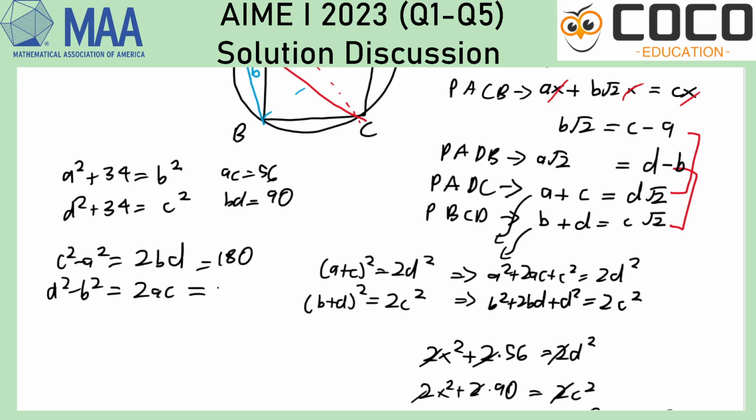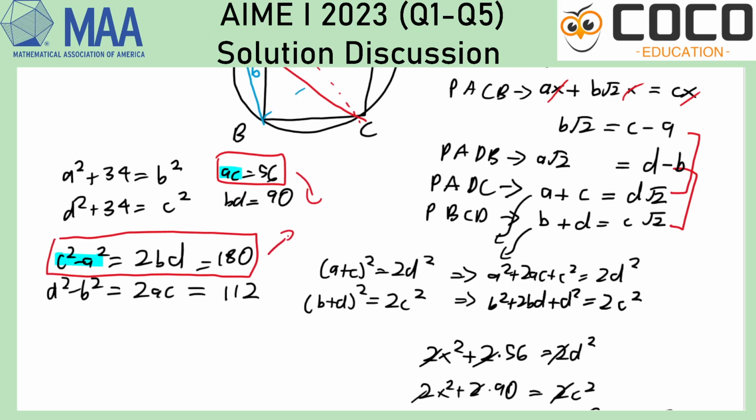Now, I think this is a lot better, right? Because in this scenario, I end up with the equations on A and C twice instead of having equations on A and C, then equations on A and B, equations on C and D, and so on. So this is better. I think in fact just from AC equals 56 and C squared minus A squared is 180, it's enough to solve as a quadratic, but I believe I can eyeball it and say that this tells me C is 14 and A is 4.